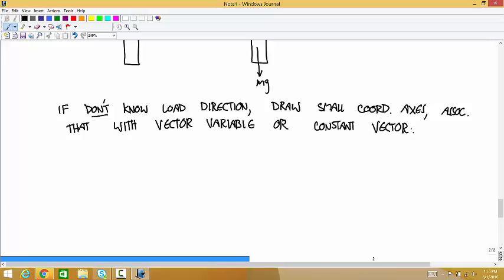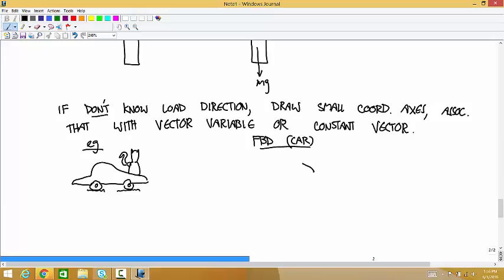Okay, so for example, in the case above, we have this car on the grass. The cat's sitting there. A free body diagram of the car has the outline.